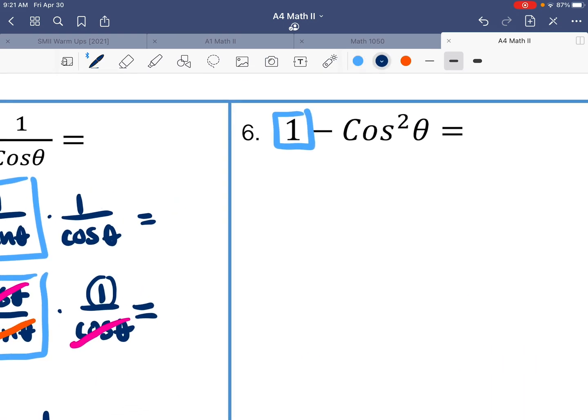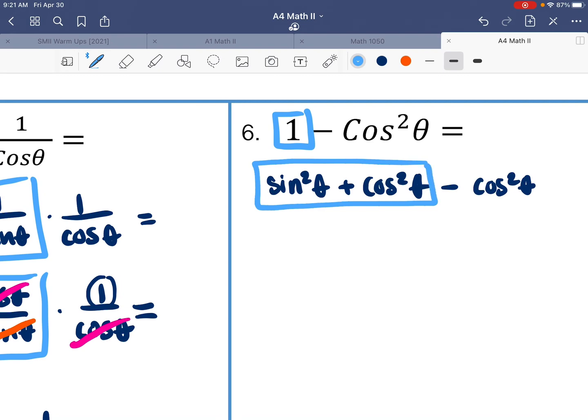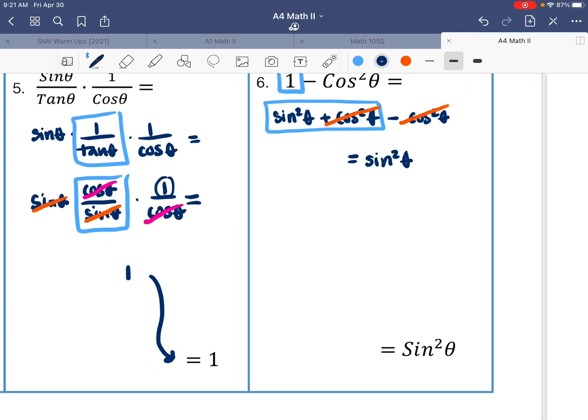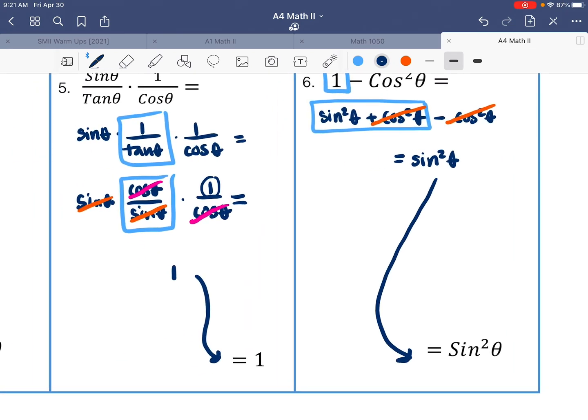So I'm going to replace 1 with sine squared of theta plus cosine squared of theta, and then we still have that minus cosine squared of theta going on. Then we have cosine squared of theta minus cosine squared of theta, which just equals sine squared of theta, which is what we wanted.